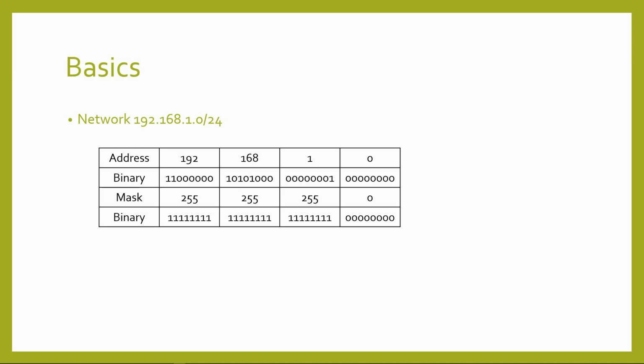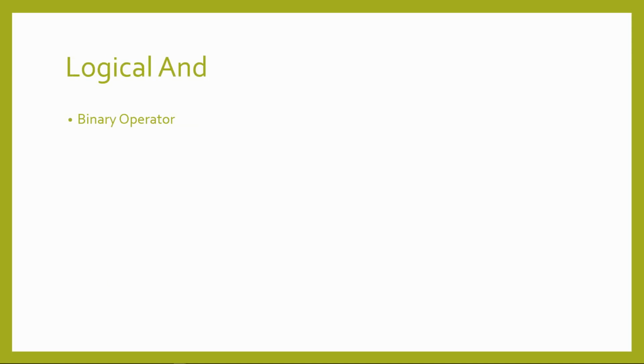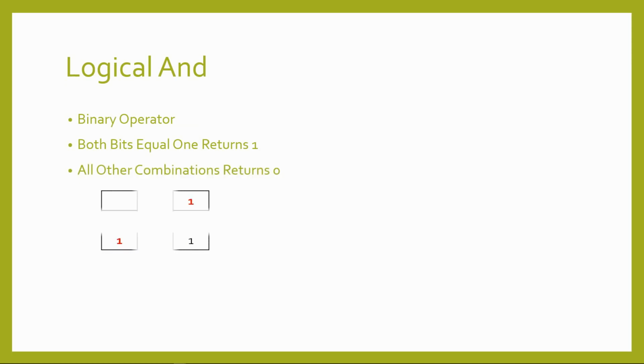The next thing that we have to look at is basically a logical operator. It's called the AND operator. It works on binary numbers, or on bits, basically. What it does is if both bits are 1, it returns 1. In any other case, it returns a 0. A simple chart to let us see how that works is this above here.